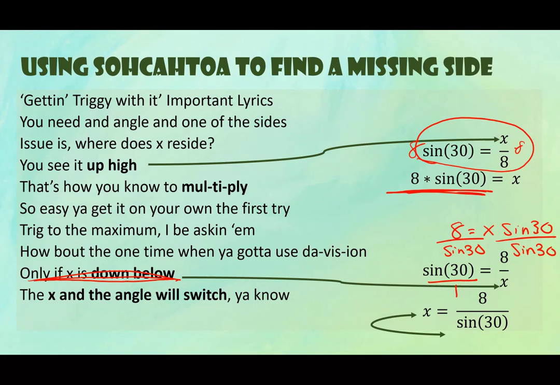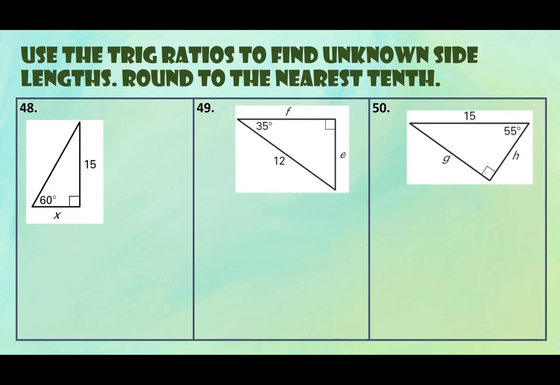Now, you can do this every single time. There's nothing wrong with this. I just think that a lot of kids have used this little rhyme in the past and it has saved them a lot of time and struggles. Okay, again, if you want to do proportions, 100% fine. I'm just trying to give you a little tip or trick to solve these in the future.